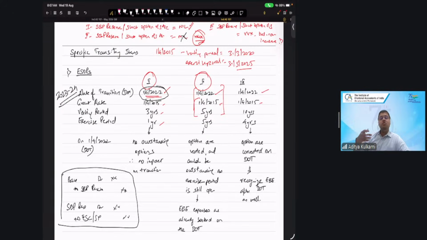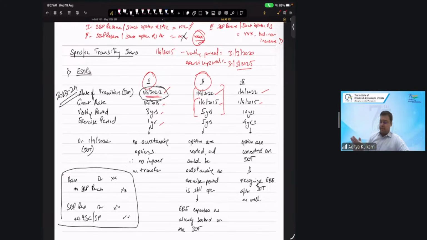Calculate the fair value as on 1st April 2015 and bring that to the current year, because you never restate the SBP reserve balance as it's an equity balance.